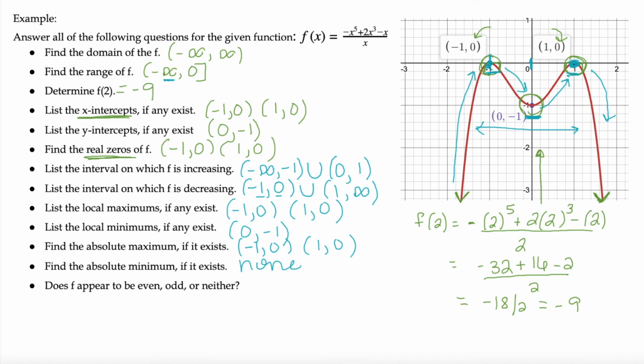Going back to the second notes page, if it is symmetric about the y-axis, we say that this is even. So it appears to be even because it appears to be symmetric about the y-axis. Please definitely utilize a graphing tool to help you with this lesson so that you can get a really good visual picture to help with the vocabulary.